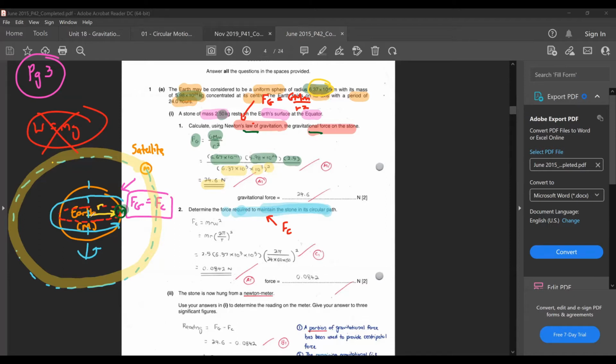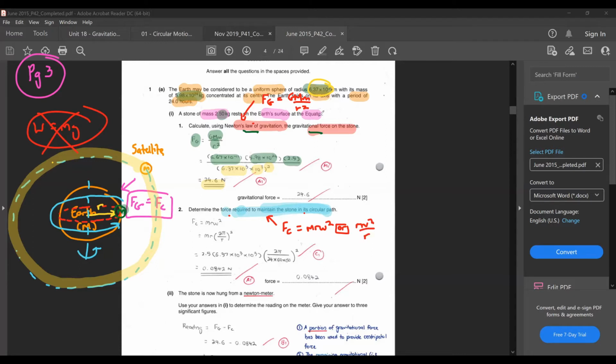So we know that your stone is undergoing circular motion. There must be centripetal force to allow your stone to move in a circle. So here, your centripetal force is the force required to maintain the stone in circular path, which you know as either m r omega squared or m v squared over r.